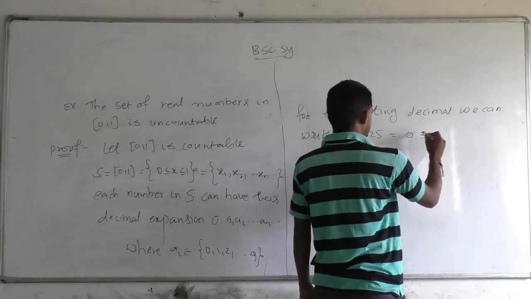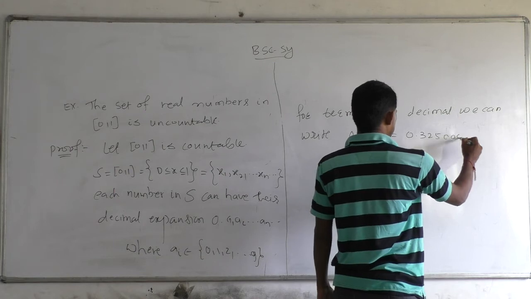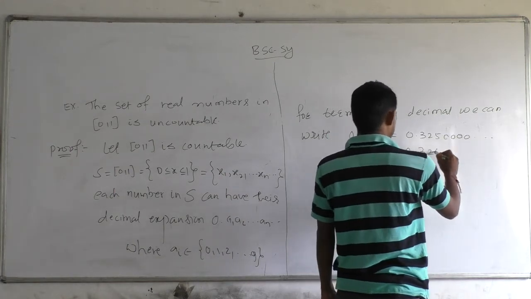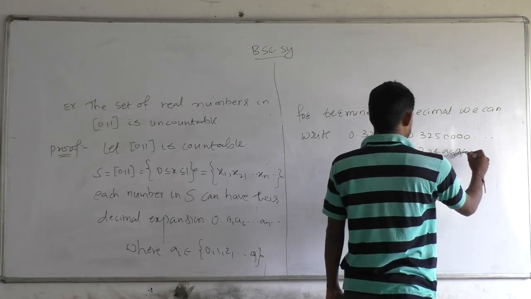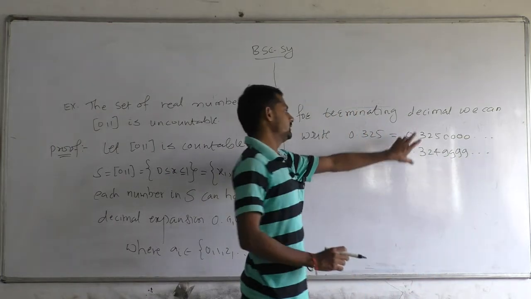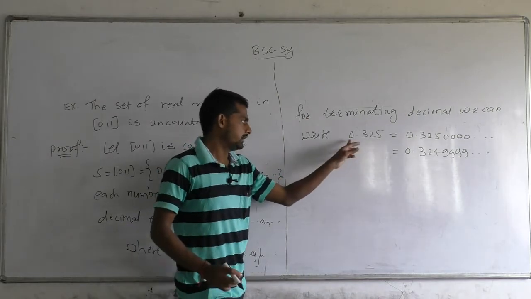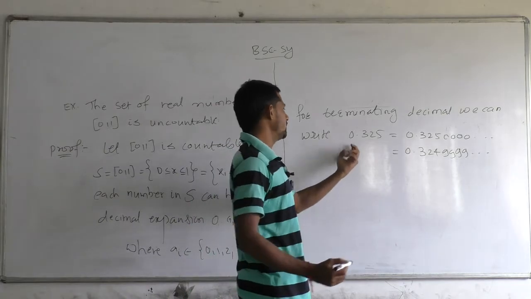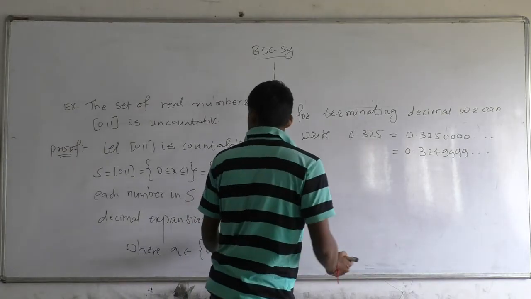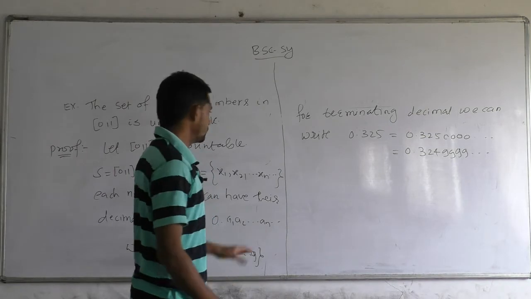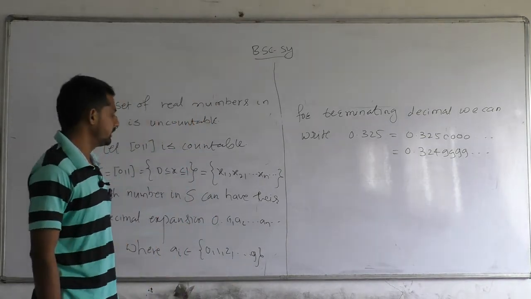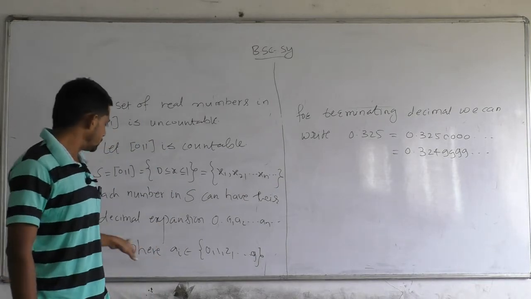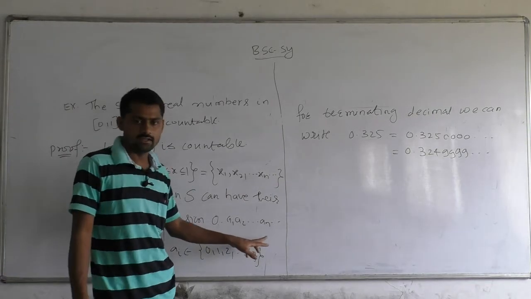So we can write this number as 0.325000 dot dot dot, or 0.324999 dot dot dot. So these two representations represent 0.325. And for a non-terminating number, there is no problem. For a non-terminating number there is no issue, because the representation of a number between 0 and 1 is like this.